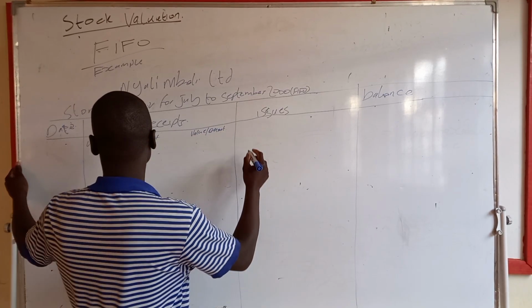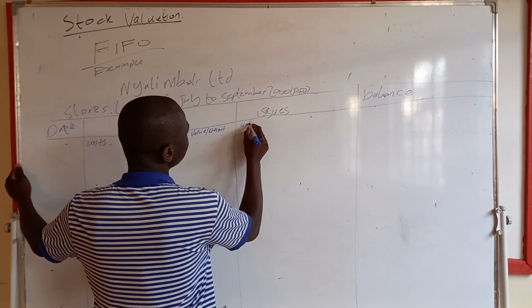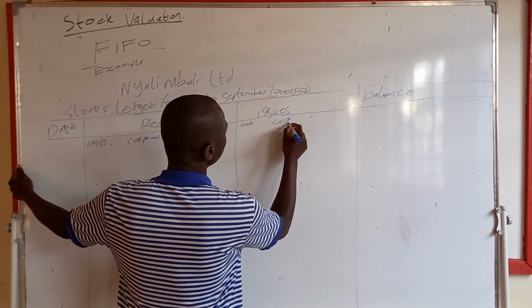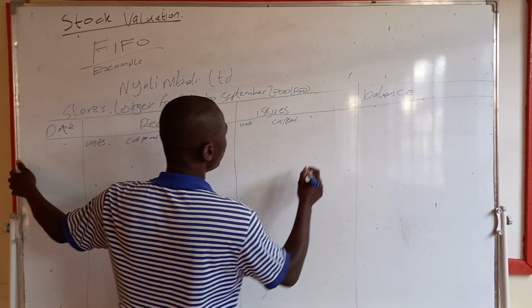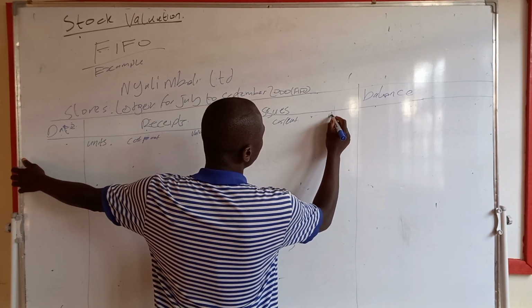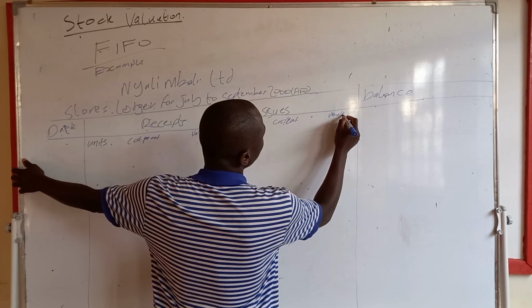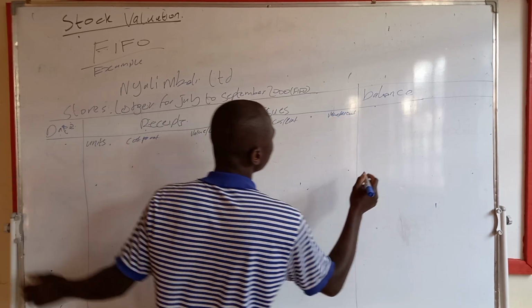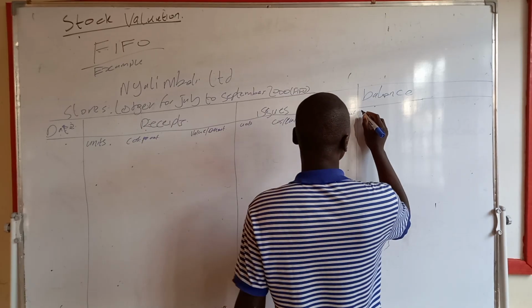Same here. You have the units. We have the cost per unit. Then you have the value, amount. Same here. You have units.